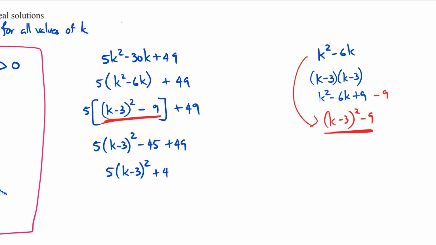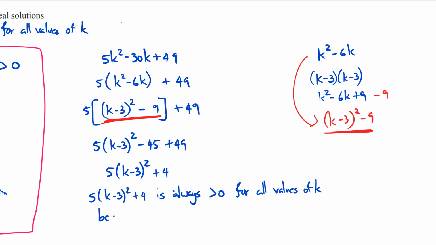And at this point, I can say that 5 times k minus 3 squared plus 4 is always greater than 0 for all values of k, because k minus 3 squared will always be positive.